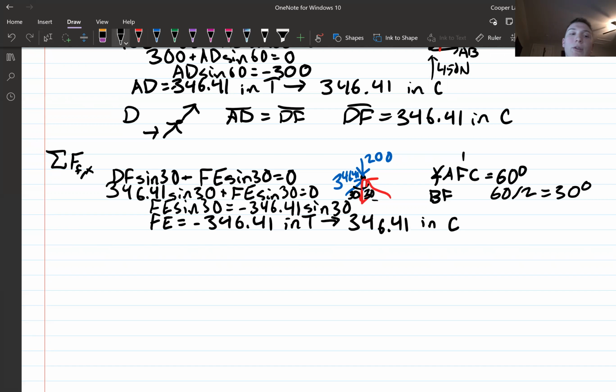Now this brings me to only one unknown left to solve for at point F, and that would be my BF that I'm looking for. So now I go sigma F in the Y direction equals 0. Sorry, I never wrote equals 0 up here.